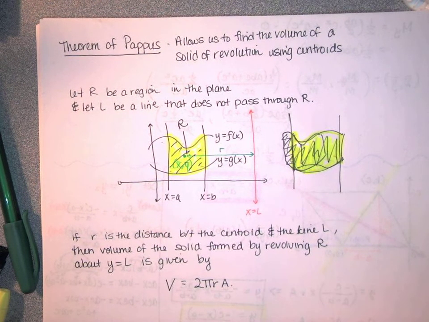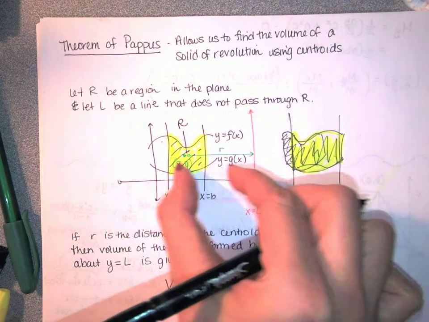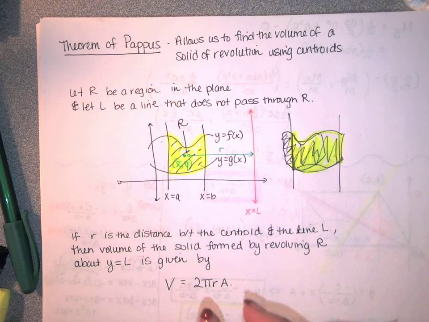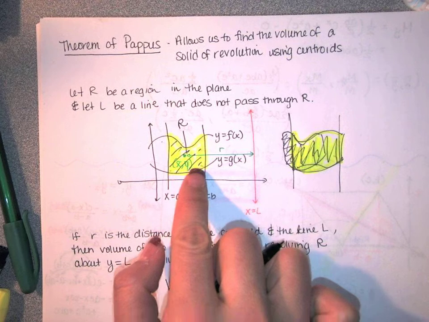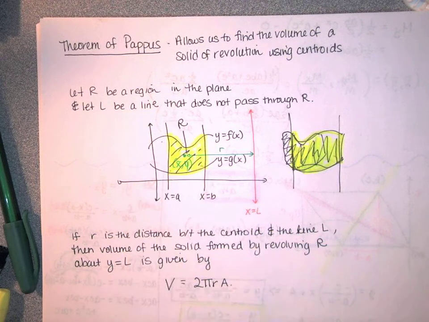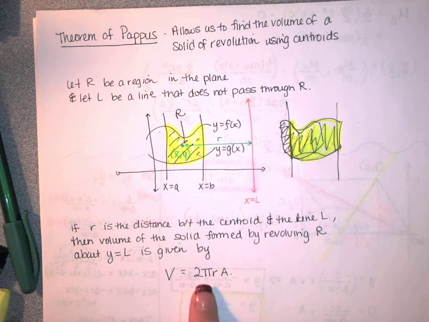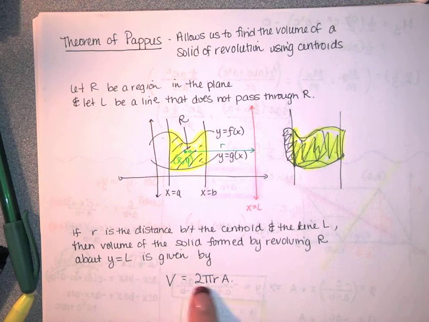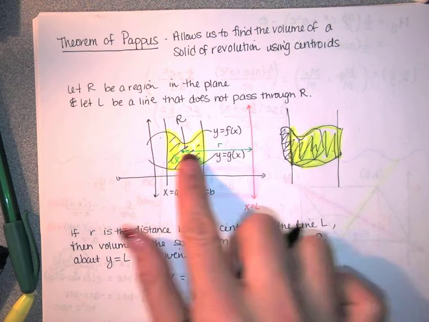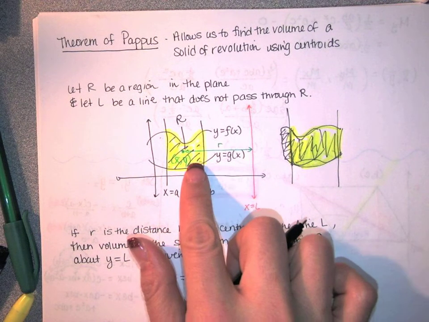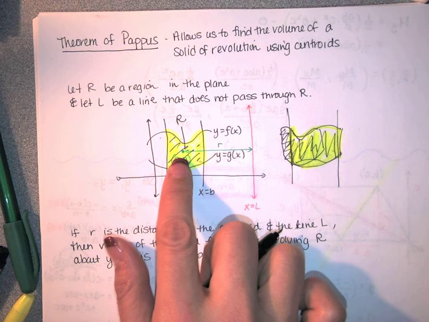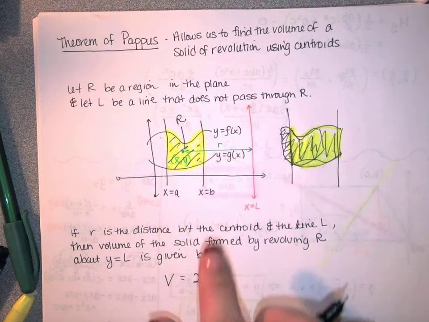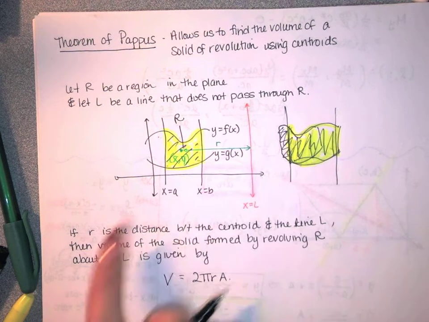And that's the volume. So if you're closer to that axis, well then that circle is going to be smaller. So that distance that piece is going through as it travels around in a circle is going to be a smaller distance. So we get this circumference times A, where the circumference is the average radius of your solid of revolution, which comes from just taking that centroid, the distance between the centroid and that line that you're revolving around, and finding its radius.